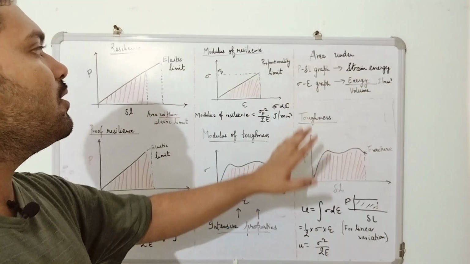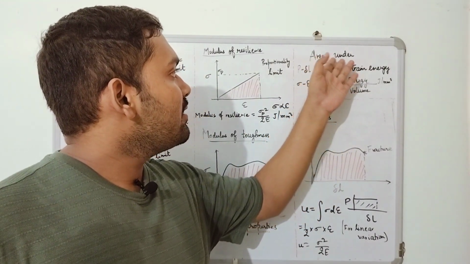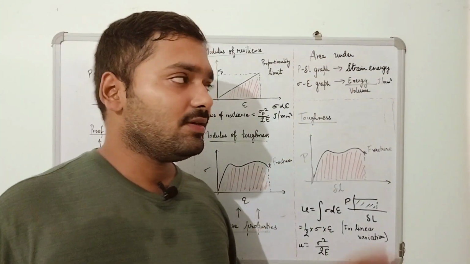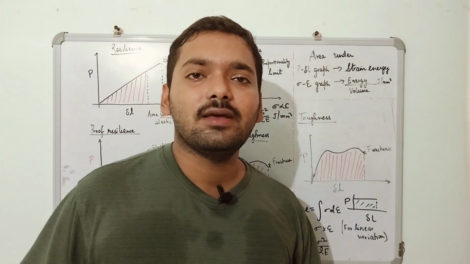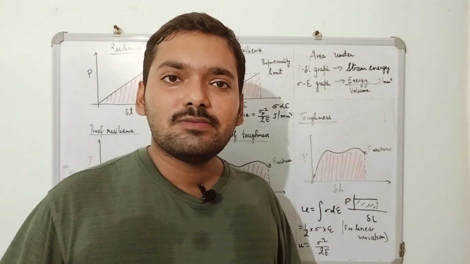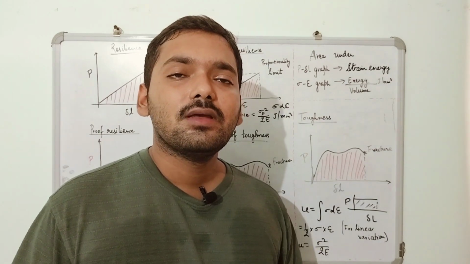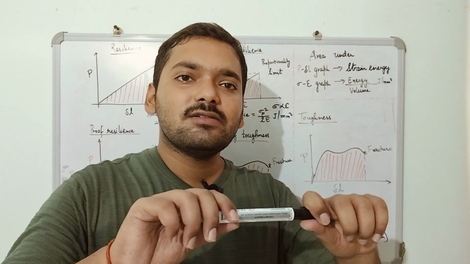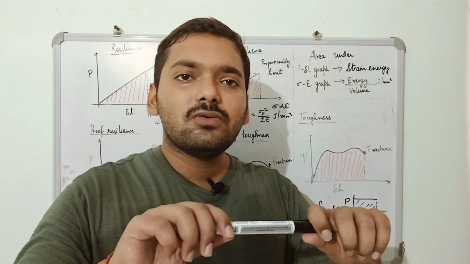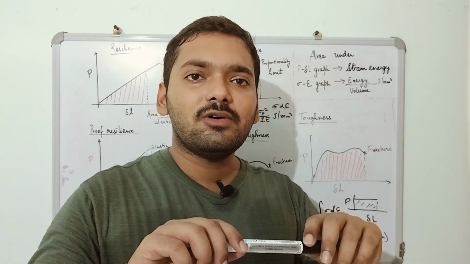But before this, I want you to understand this concept, that area under the load deflection graph gives us strain energy. Just tell me one thing, what does the area under force displacement graph give us? It gives us work done. So suppose we are stretching some body and doing some work on this body, so that work is being stored in this body in the form of strain energy.